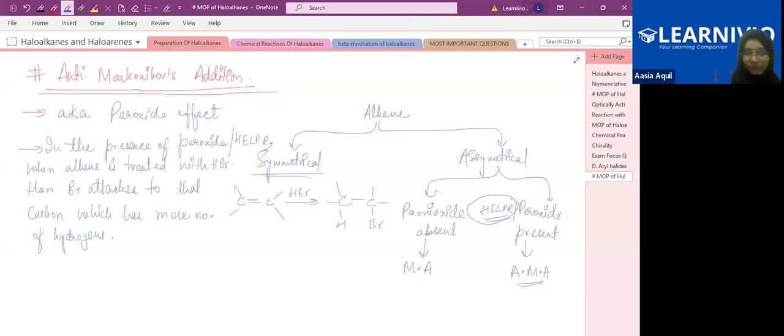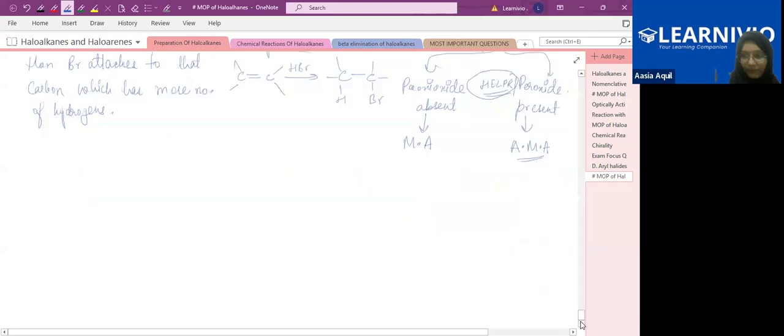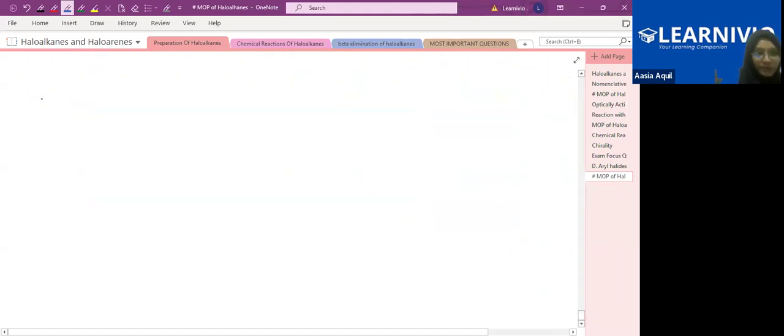Yes, ma'am. Suppose this is the unsymmetrical alkene plus HBr in the presence of peroxide. Suppose we just take phenyl peroxide: phenyl ring, oxygen, oxygen, and this. Basically, peroxide has this oxygen linkage. If this type of molecule is mentioned as a reagent, you will use it here.